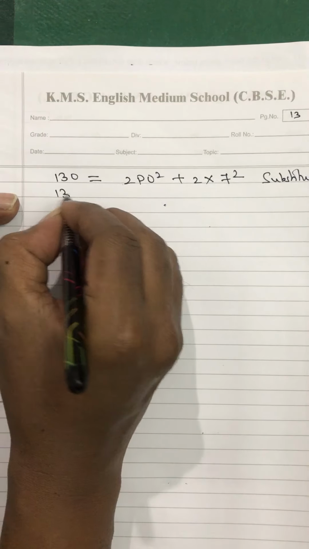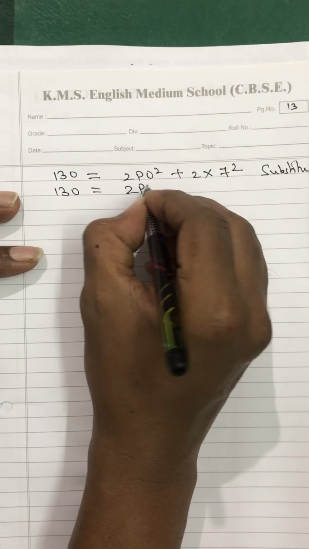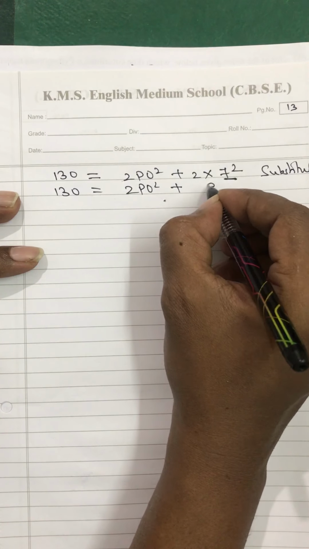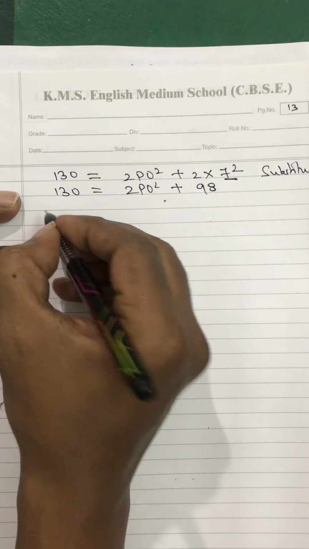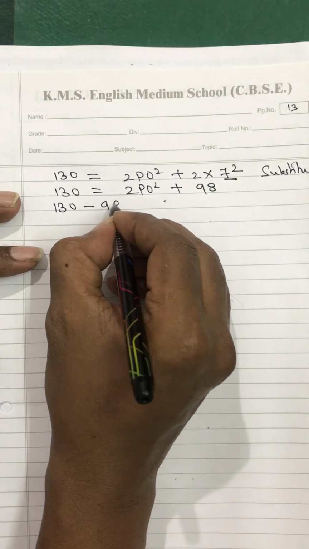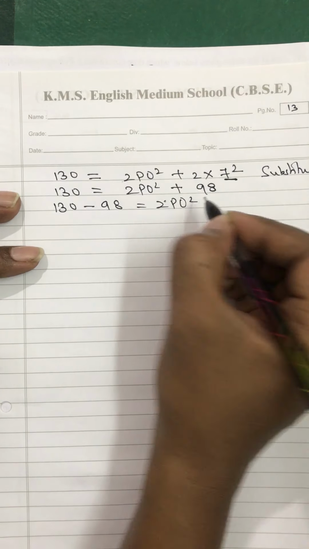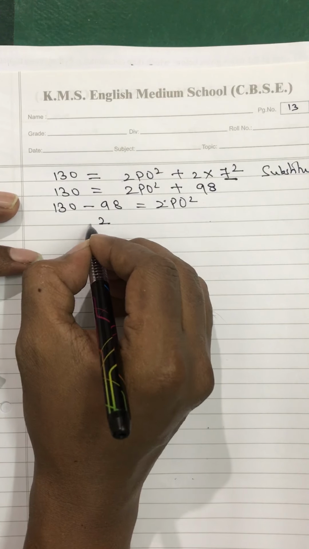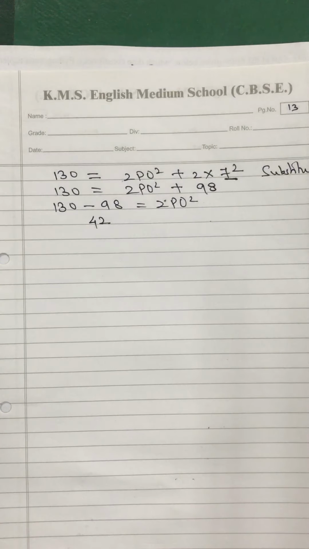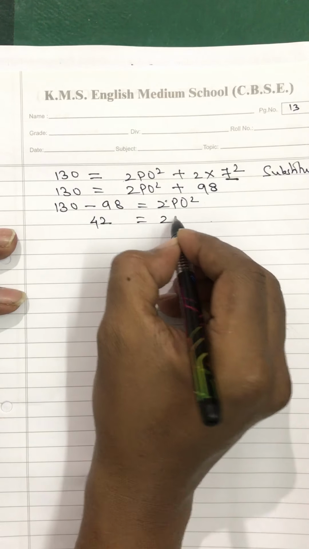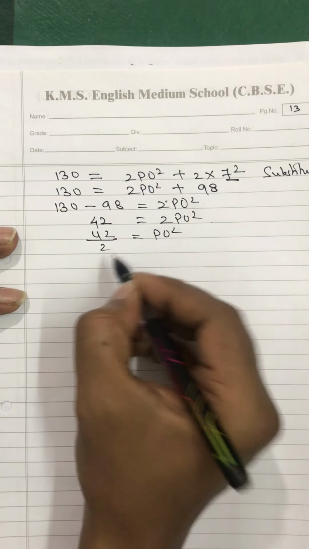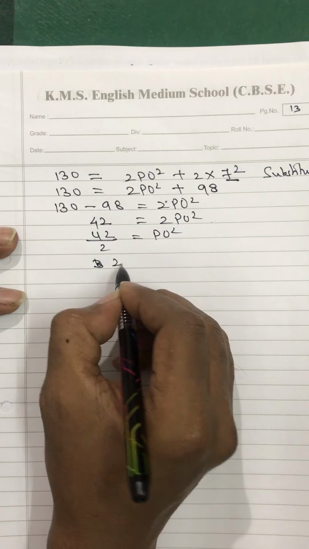So now you get 130 is equal to 2 PO square plus 98. 7 sevens are 49, 49 into 2 is 98. So 98 is shifting over here. You will get 130 minus 98 is equal to 2 PO square.